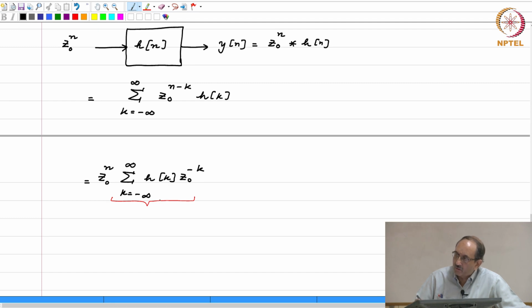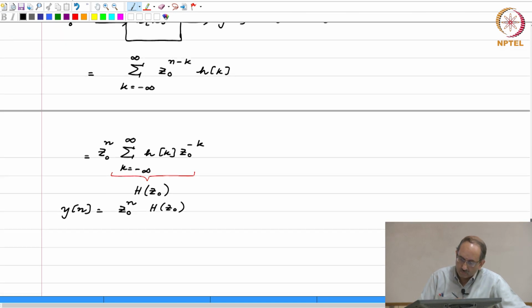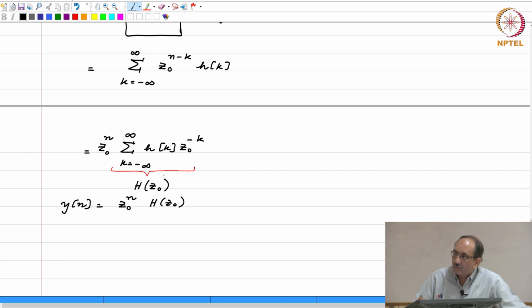To show its dependence on little h, we will denote it as cap H. It will also be a function of z0. So we call this H of z0. And hence y of n is nothing but z0 to the n times H of z0. Of course, we are assuming that this infinite summation exists, and we call this H of z0.